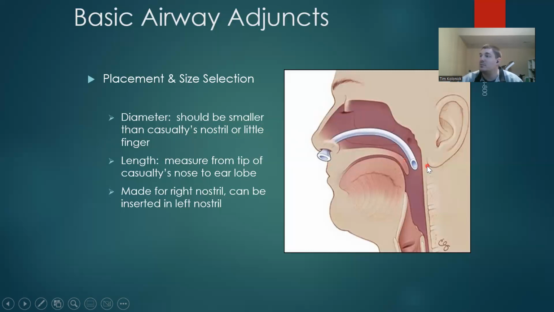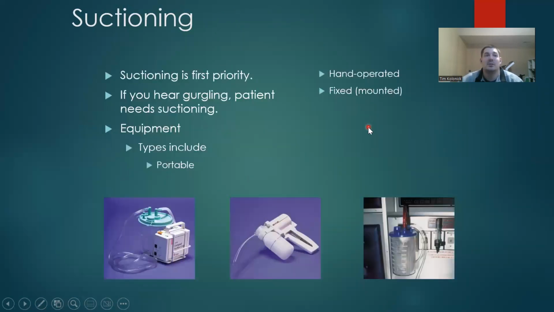You can suction with those in place, and you may need to. You can also suction with your supraglottic airways in place, right? You can suction while inserting those. So make sure that you open that airway first with some suctioning, head tilt, chin lift. If you hear any fluid or anything, get that stuff out of there.